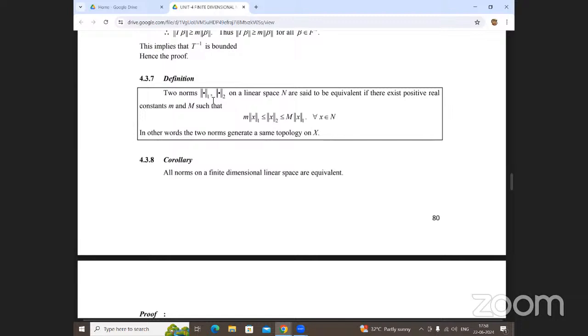Here are the two norms: the first norm and the second norm.